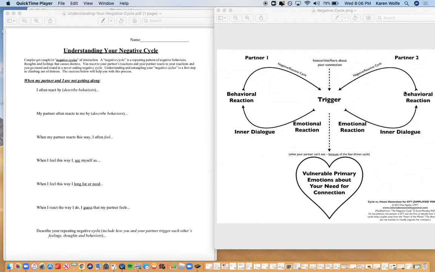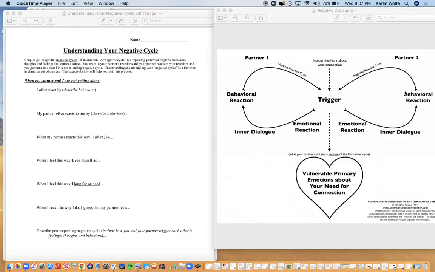But we can start to undo this negative cycle by identifying our steps in it. Unconscious steps. We're not doing them consciously or purposefully. Obviously, if we were doing that, we would choose to do something that was more effective. But these are the steps that we take.